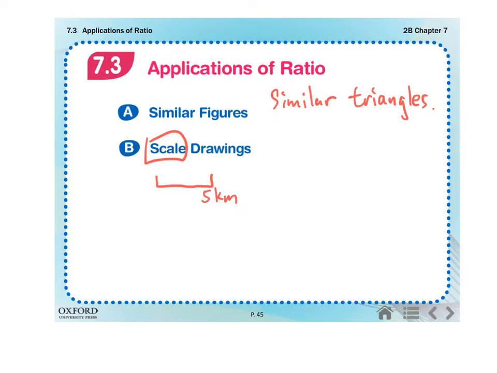Or if you play with model Gundam, you may have 1 to 144, 1 to 100, or 1 to 60. So these are the scale also. Okay, 1 cm equals 144 cm in real.